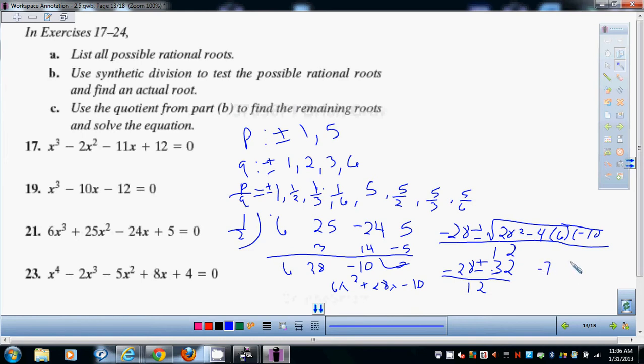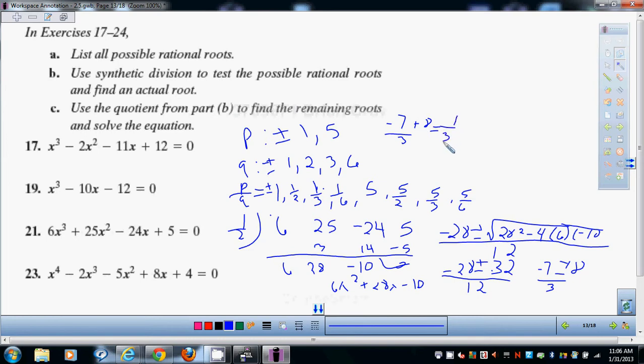Okay, he's finished. While he's writing this, I'm going to decipher that writing. P's, Q's, P over Q's. Now, some people tried 1/2 first, some people tried -5 first. It shouldn't have mattered. Either way, you take out whichever one you find works. For him, it was 1/2.